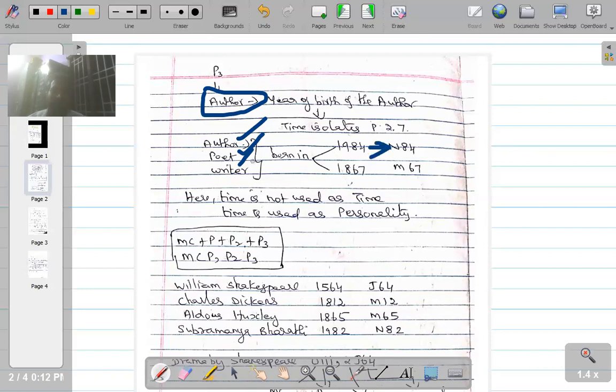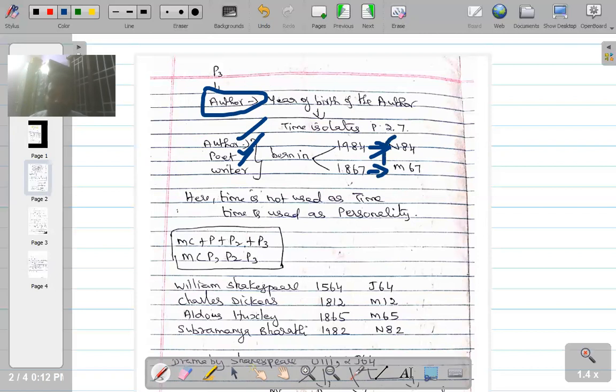For example, if an author was born in 1984, we convert it as N84. If an author was born in 1867, then his year of birth is converted as M67.